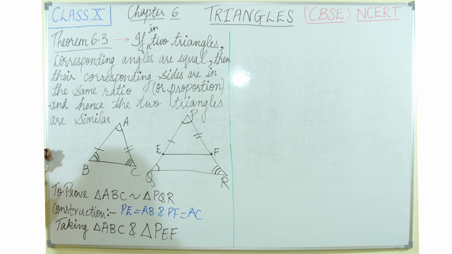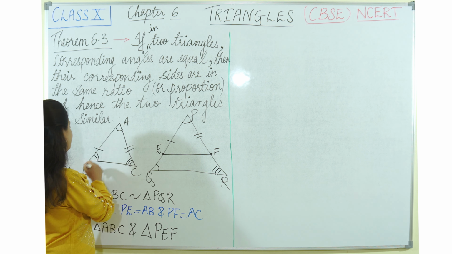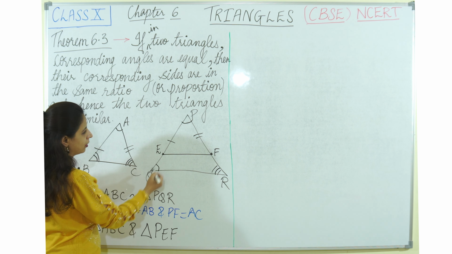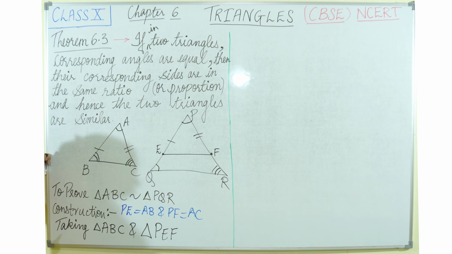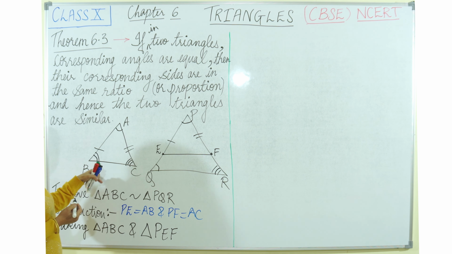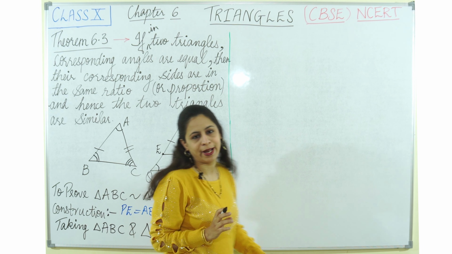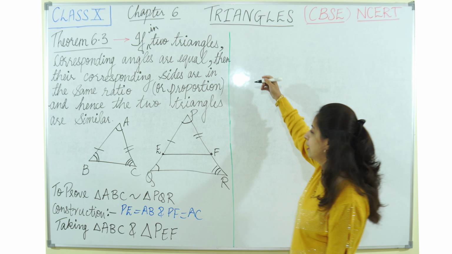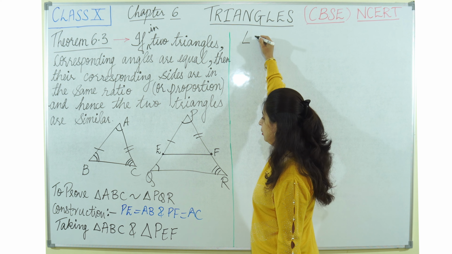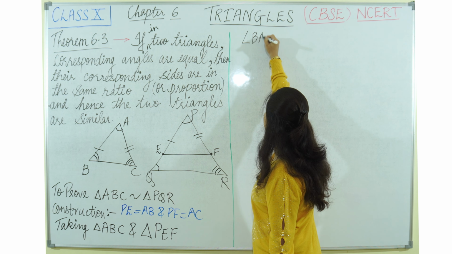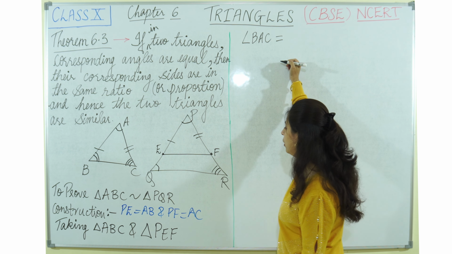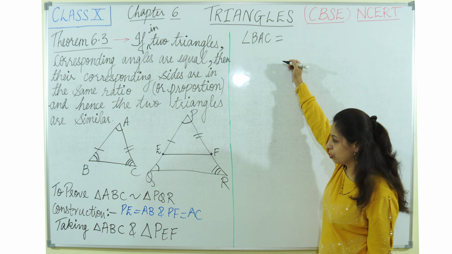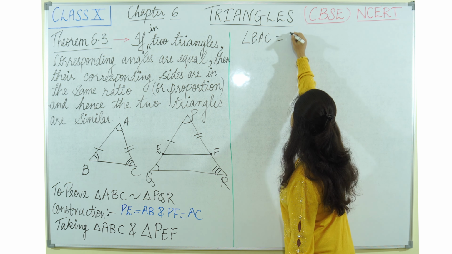So from here we can say that angle BAC is equal to angle QPR. In both the triangles ABC and PEF, we see that angle BAC is equal to angle EPF.